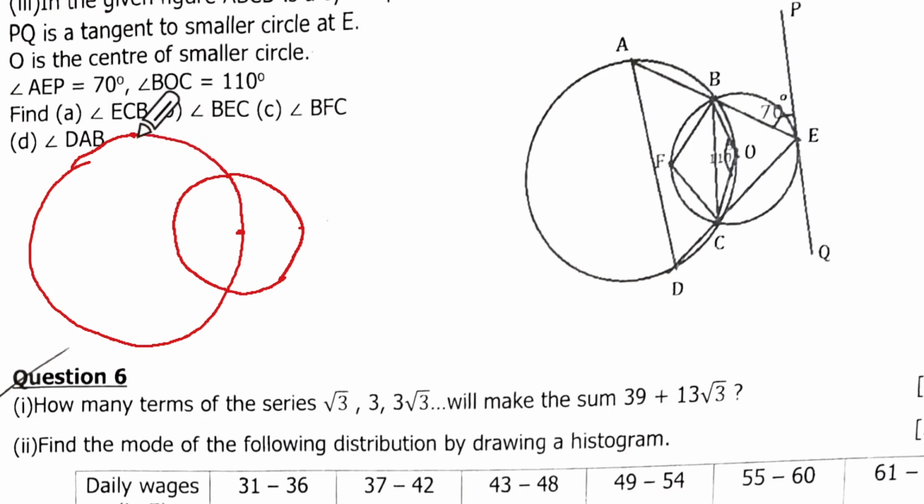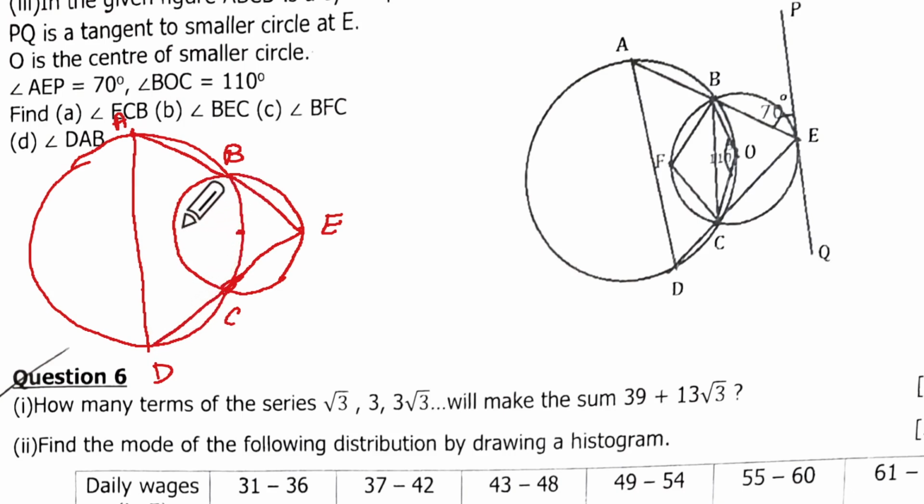Then from here you have this from AB. This is your B, this is your C, and this way, this is your E, this is your D, this is your A, this is F. B and C is joined, and this is O. BO is joined and OC is joined, and there is a tangent here.